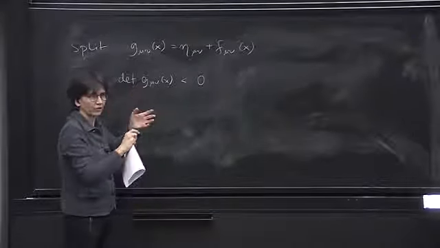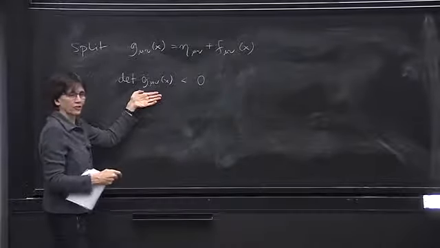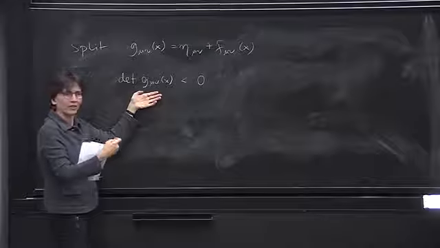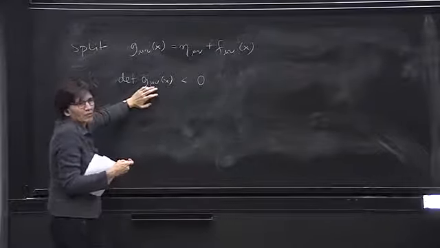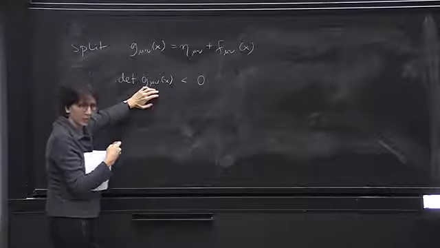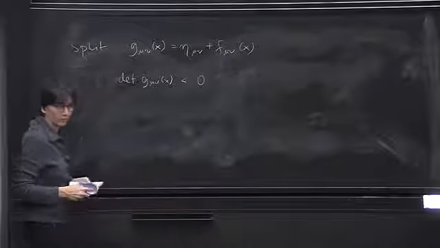Now, people then say, well, look, if I write down a perturbative expansion like this, then usually these are just arbitrary. I consider them as just linear fields, so they can just take any value they want. But clearly, this violates the signature condition, which is an essential part of why this is a metric and why this has a certain physical interpretation. So by ignoring this, I might get myself into trouble.